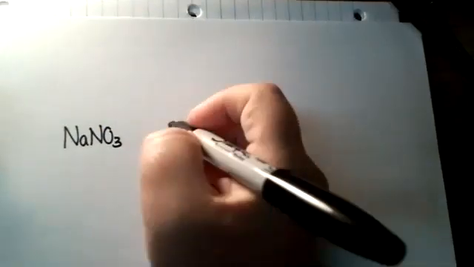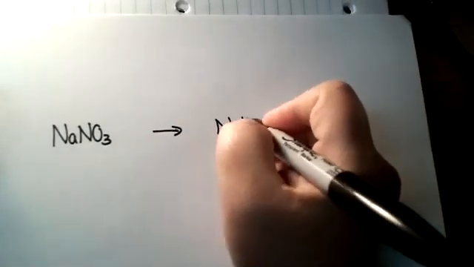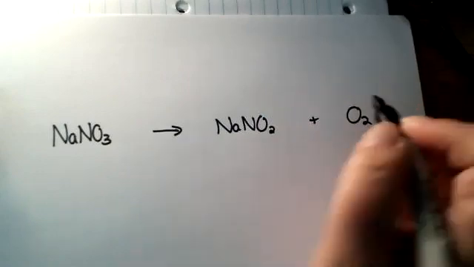So let's do that one. On this one, we have NaNO3, so sodium nitrate, and it's breaking down to sodium nitrite and oxygen.